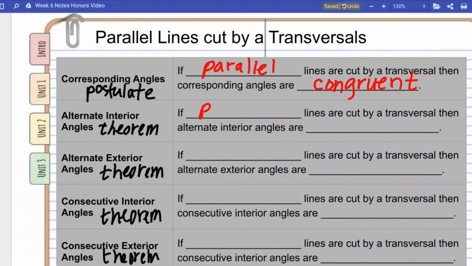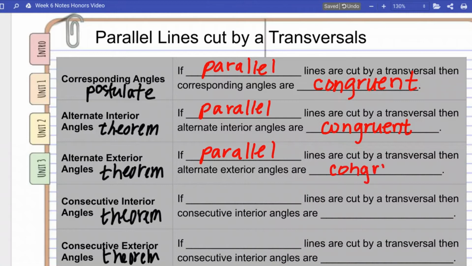If you have parallel lines cut by transversal, we said alternate interior angles are going to be congruent. And that means that if we had parallel lines cut by transversal, alternate exterior angles will also be congruent.